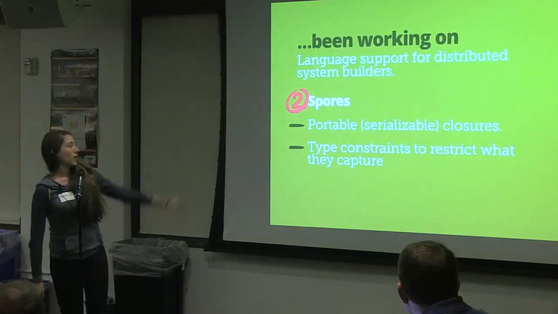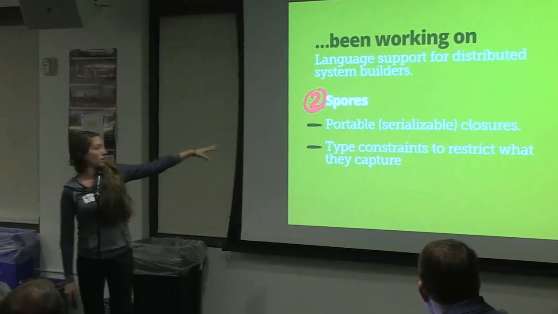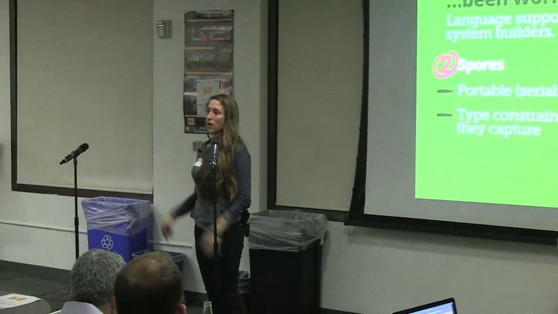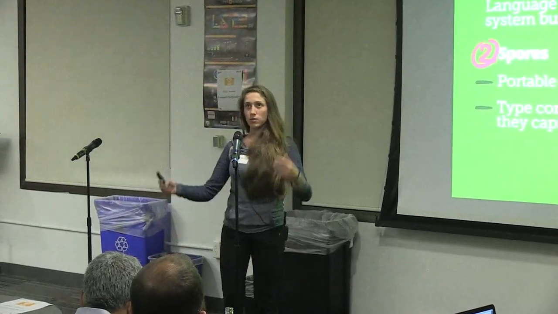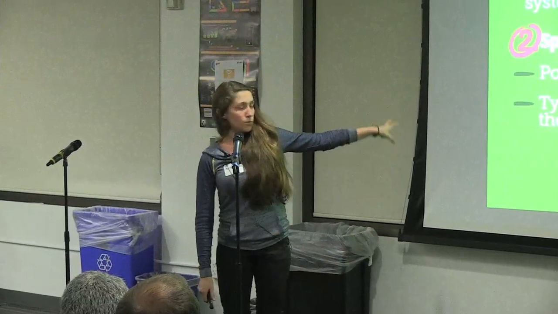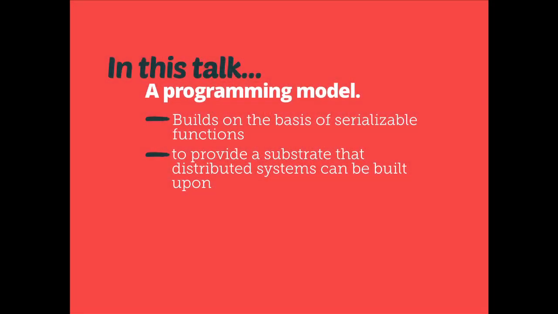There's also research that we've done in the direction of adding type constraints, so you can actually control the environment and all kinds of things that these closures capture. So people can't capture actors or sockets or things like this. That's more like research, but the portable serializable closures thing is not super researchy. So these two things exist, and this talk brings these two things together in some way.